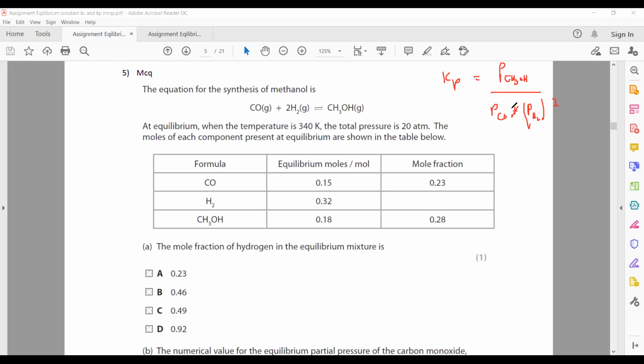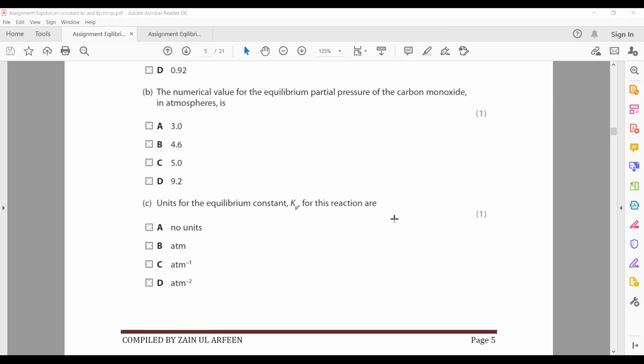Here it's not plus, it's multiplication. So just substitute the values for their pressures and you will get the value for Kp. What's the answer for the unit? atm minus 1, minus 2.